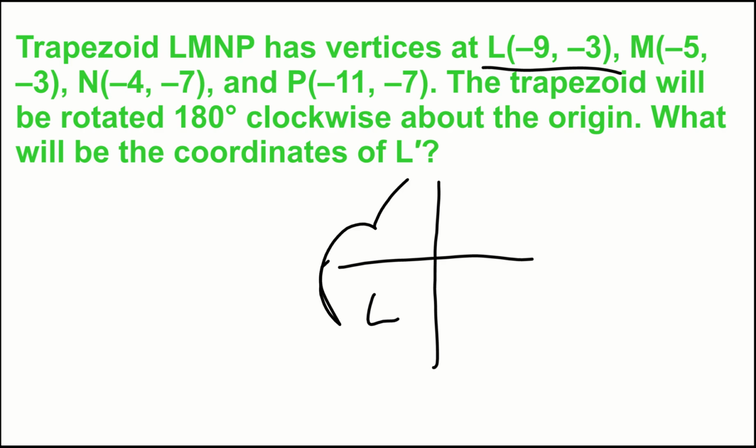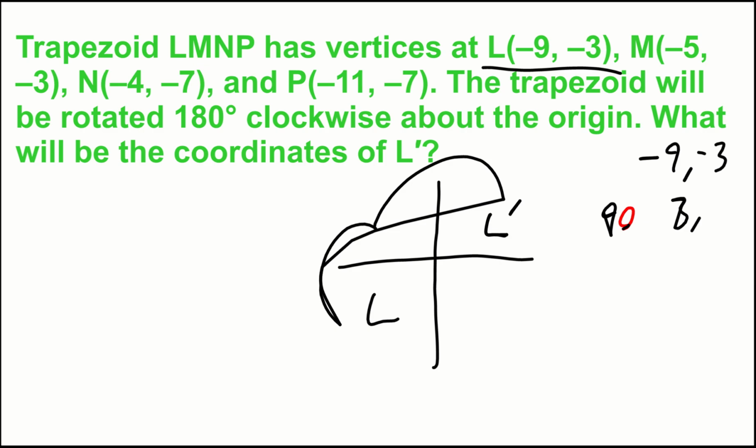So 1, 2. That's putting L prime up there in quadrant 1. Quadrant 1 is positive, positive. So if I start off at -9, -3, 90 degrees means I switch it to 3 and then 9.